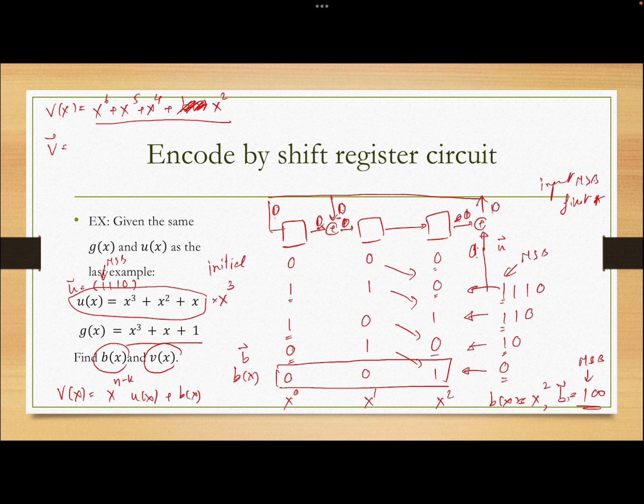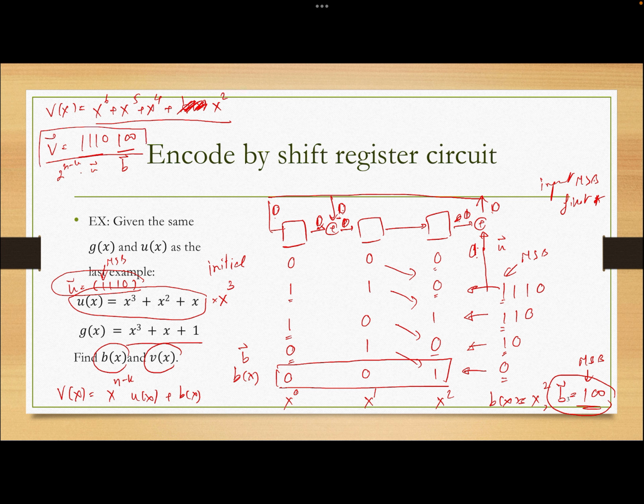And v equals u shifted to the left, so 1, 1, 1, 0, and then you have vector b, which is 1, 0, 0, okay? So this is b, and this is the 2 to the n minus k times u. So this is your code word.